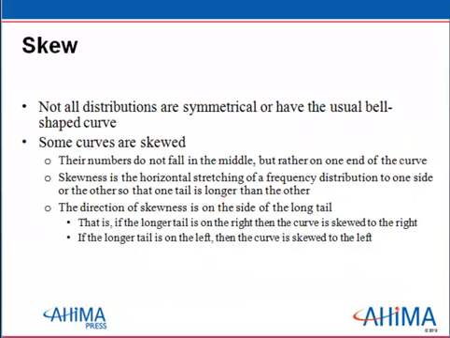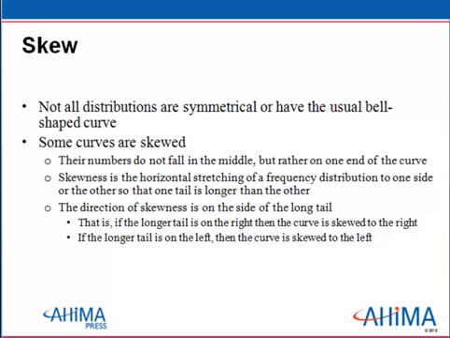Not all distributions are symmetrical or have that nice bell-shaped curve. Some curves are skewed. That is, their numbers do not fall in the middle, but rather at one end of the curve. Skewness is the horizontal stretching of a frequency distribution to one side or the other so that one tail is longer than the other.